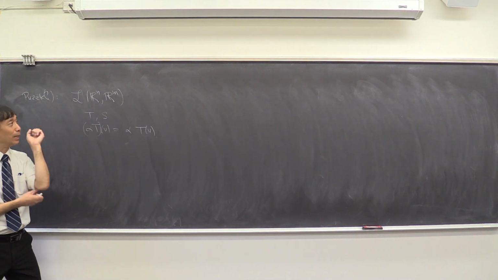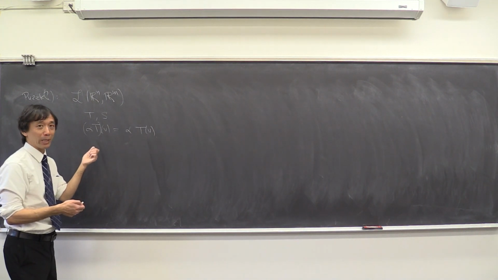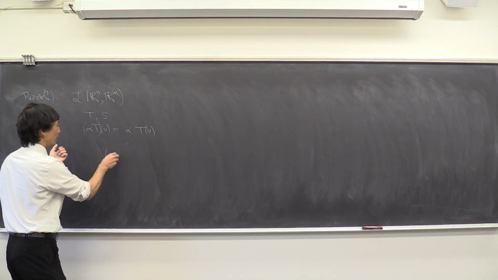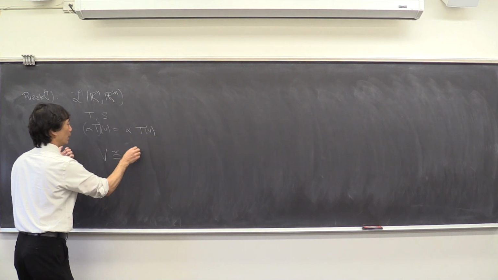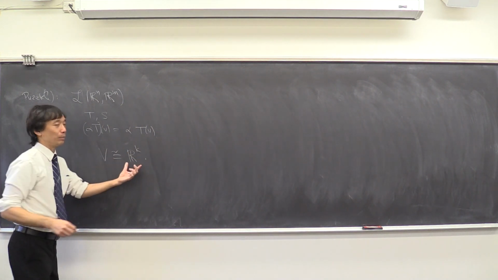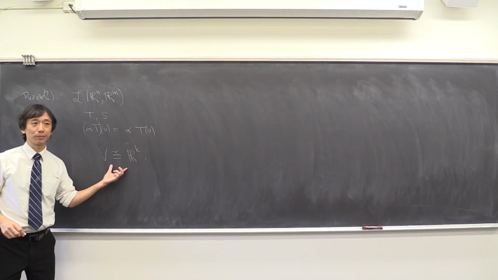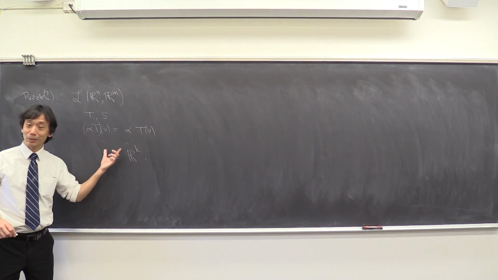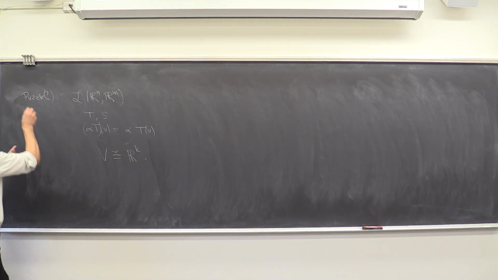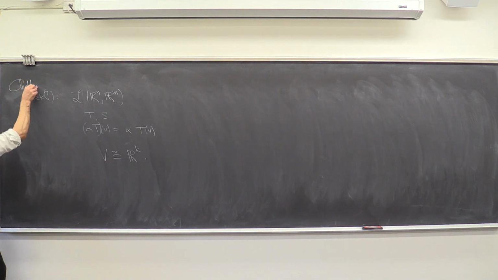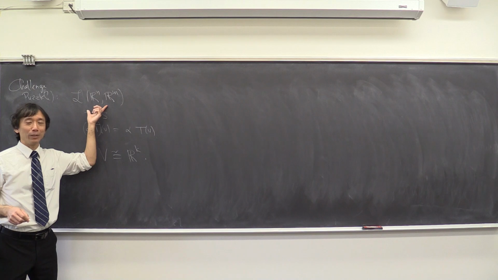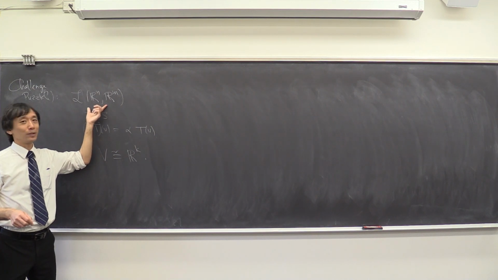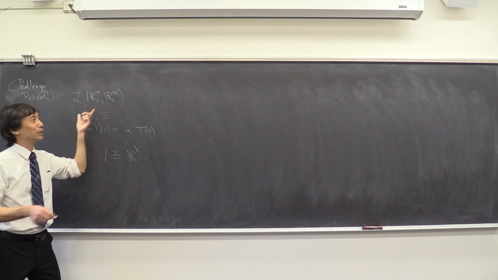Now remember last time we said that every vector space is going to be isomorphic to some Euclidean space, right? So here's the challenge puzzle. What Euclidean space do you think this is isomorphic to?